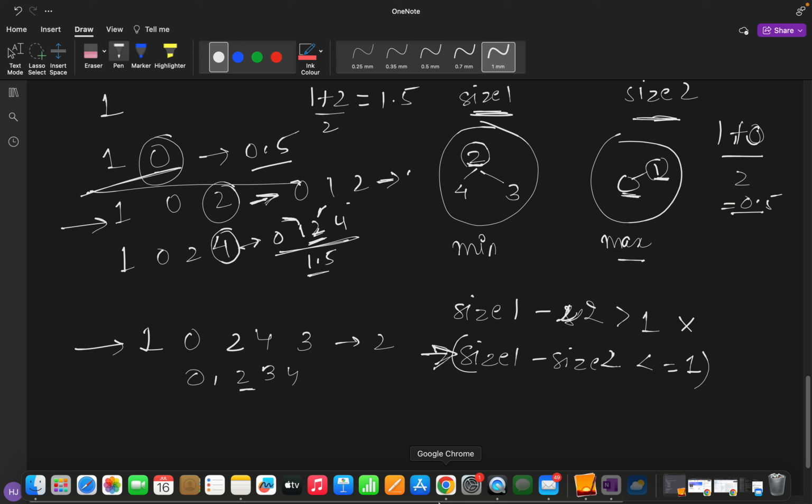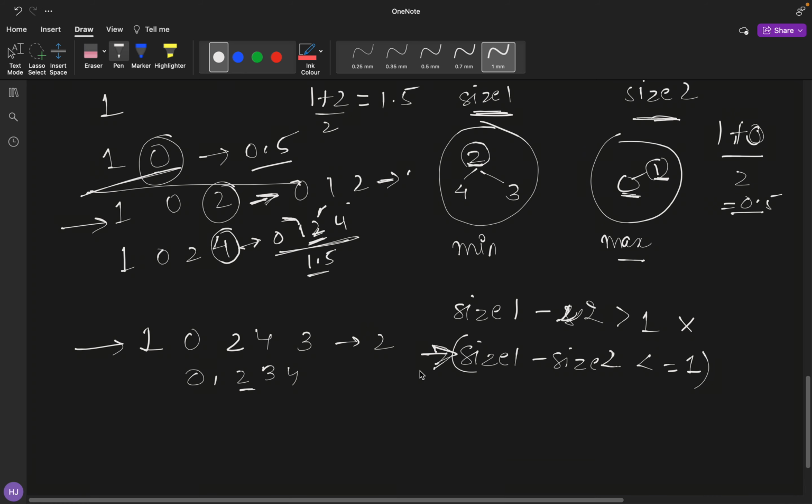Okay. So the major conclusion I came to is that whenever we are inserting elements in the heap, whenever we implement our addNum function, we have to check the difference of the sizes. If it exceeds 1, then we have to remove the top element from that heap and insert it in the opposite one.